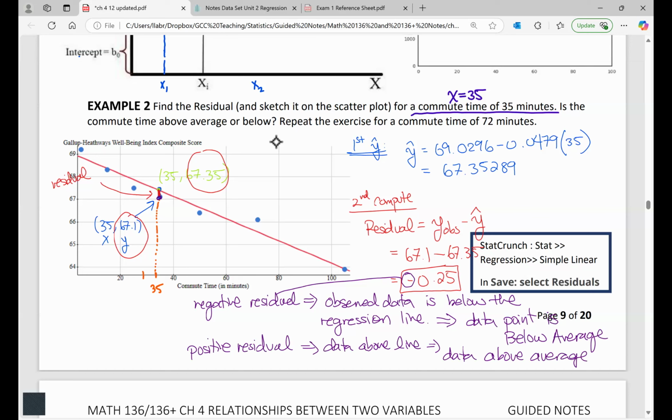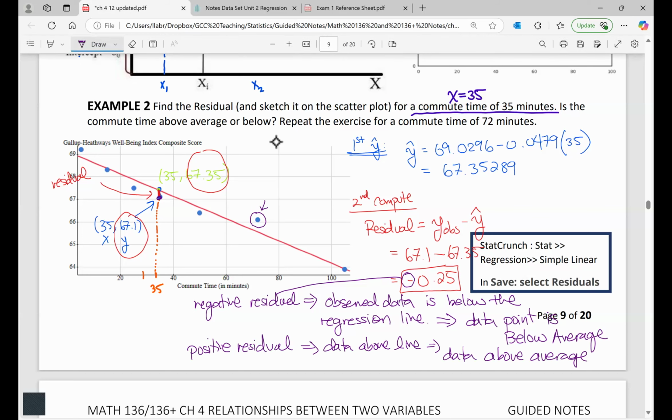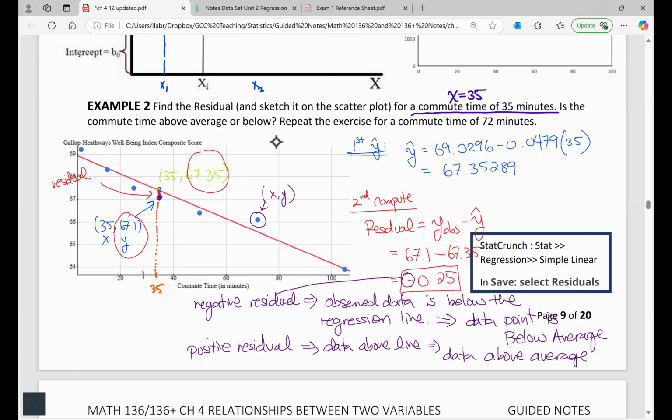So here is a data point that is above the regression line. So that means that that data point, whatever the X and the Y value is, the actual observed Y value is higher than the predicted Y value. And that's fairly easy to see. So that data point is quote unquote above average. All right, that more or less does it for residuals.